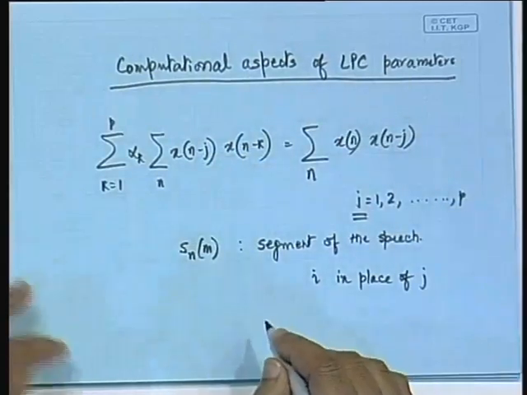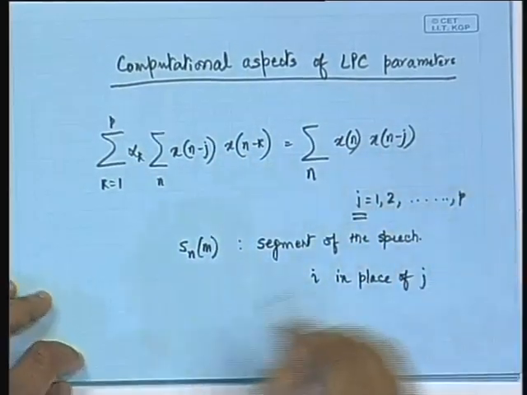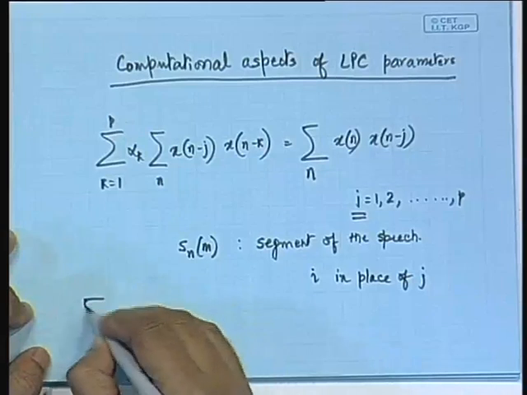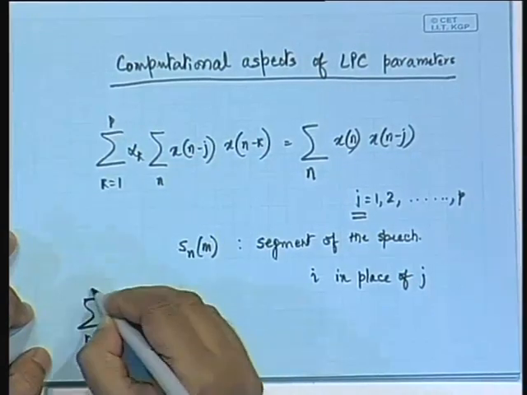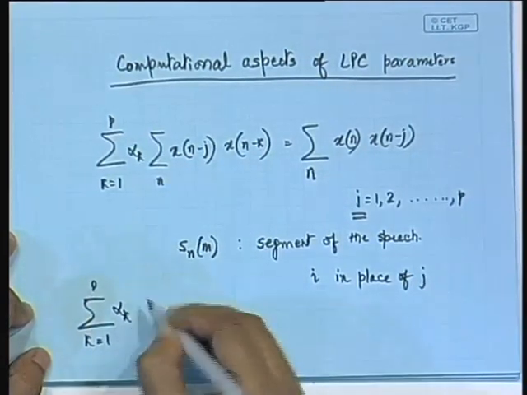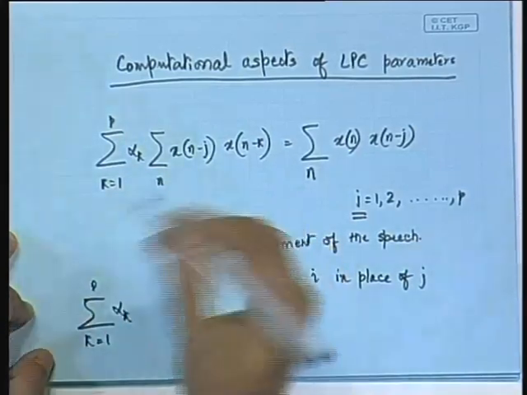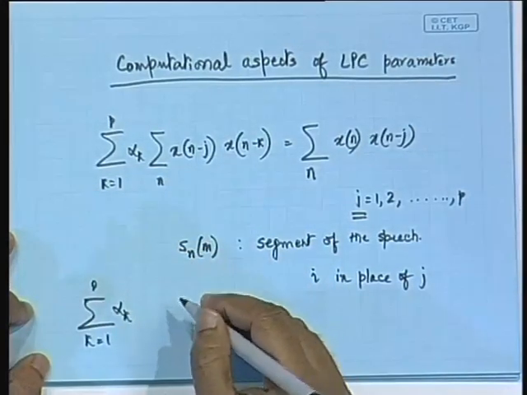If we do that, the same equation we derived last time could be rewritten as the summation k equal to 1 to p, alpha k. This k we are keeping as the index for the LPC parameters.